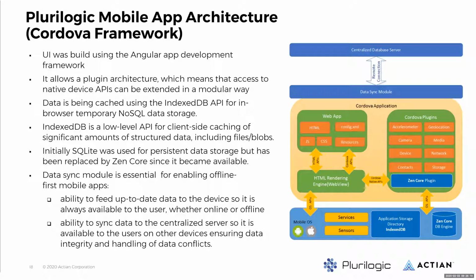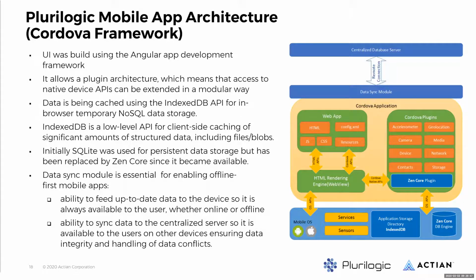On the top left, there's a grouping called Web App. This is the part where the application code resides. The application itself is implemented as a web page that references CSS, JavaScript, images, media, and other resources that are necessary for it to run. In our case, our UI was built using Google's Angular application development framework.